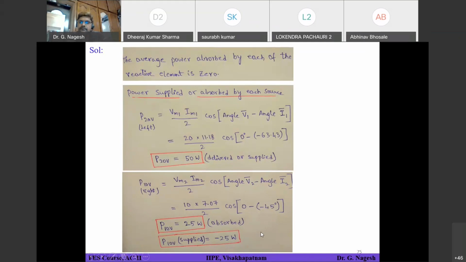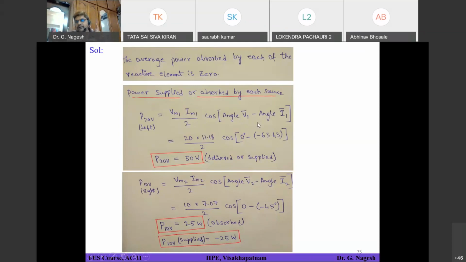Sir, one doubt, sir. We had that resistor, no, sir? Can we use the same thing, half Vm Im cos of the angle V minus I, for that? Yeah, this same formula Vm Im by 2 into cos of angle of voltage minus angle of current you can use.